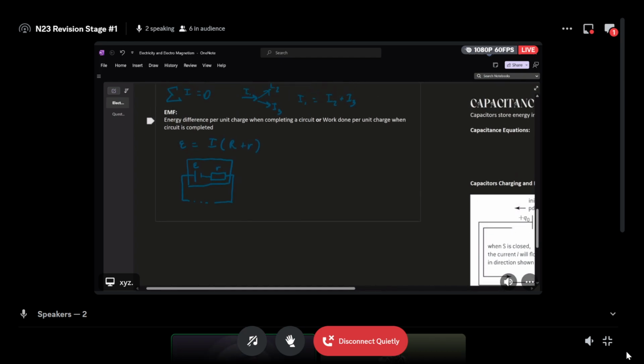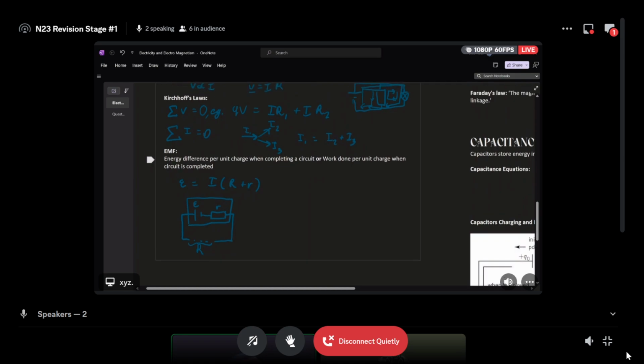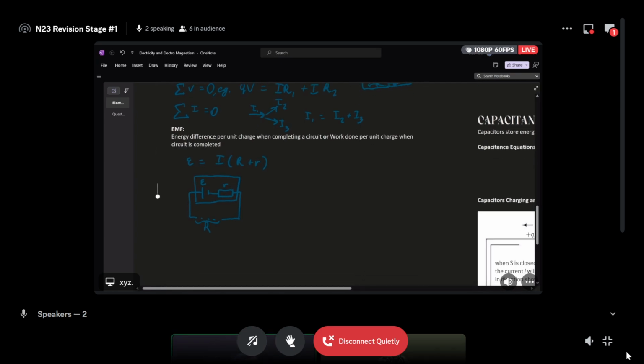And what this tells us is that the EMF here, following Kirchhoff's loop law, that the sum of voltages must be equal to zero, the EMF E, since little r and big R are in series, they can be summed for the total resistance.